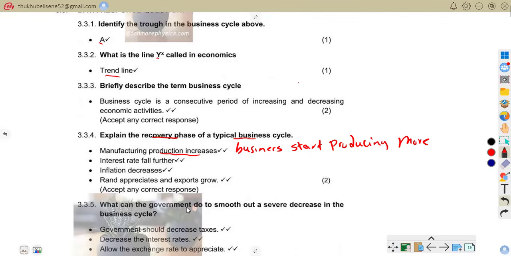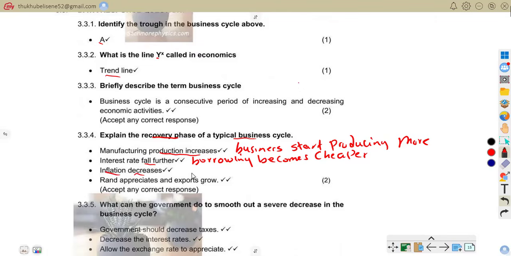Interest rates fall further, meaning to say borrowing becomes cheaper. So we're talking of low rates, whereby the loan rates are very low.